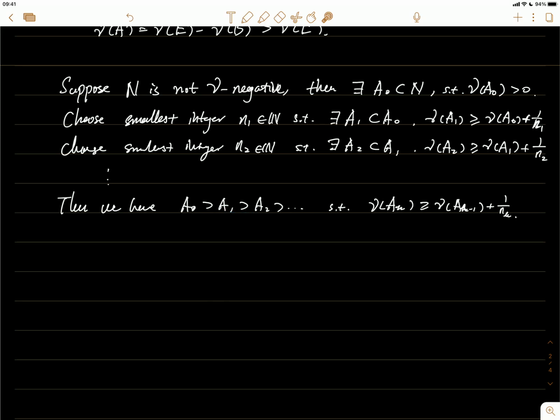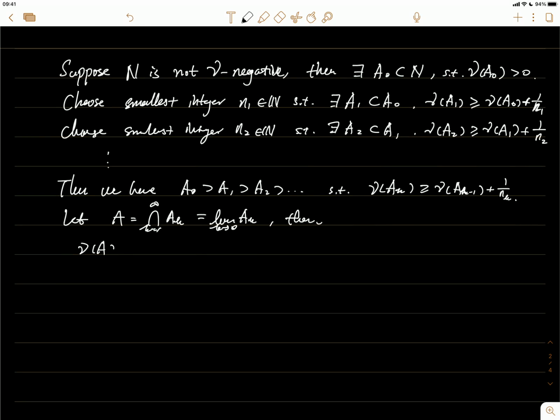And it is nested in this way, so we know that the limit of this sequence has a measure equal to the measure of the limit. So we let A be the intersection of these Aks, which is the limit of this Ak. Then we know that the measure of A is equal to the measure of the limit of Ak.